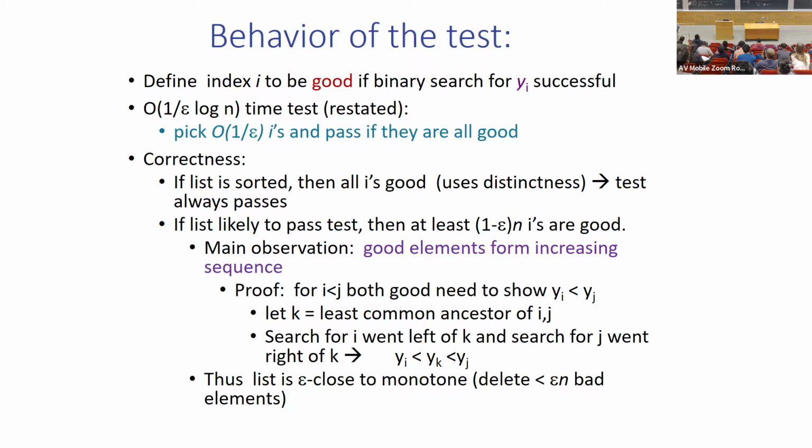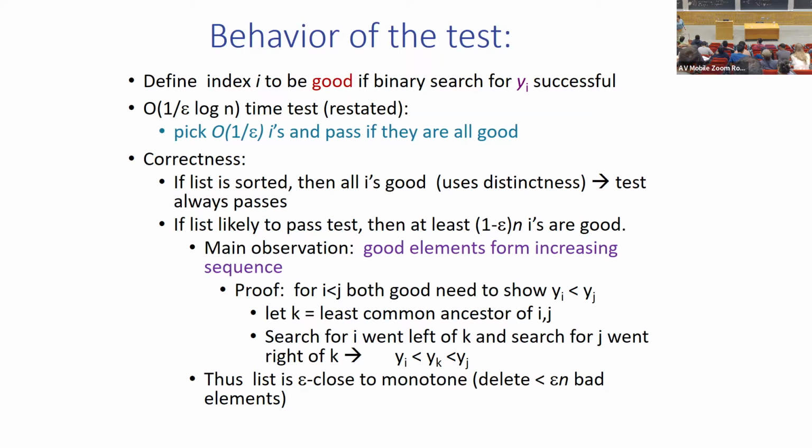Okay, so yes, first of all, it can be made non-adaptive. And even this particular algorithm can be made non-adaptive. Because if you notice, once you pick an element i and you do the binary search, you know exactly where that binary search should go.